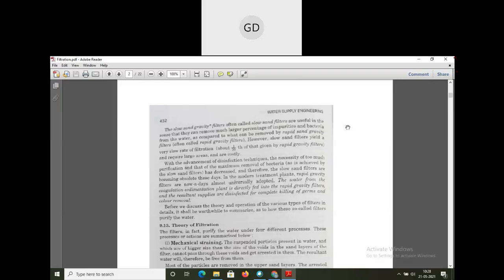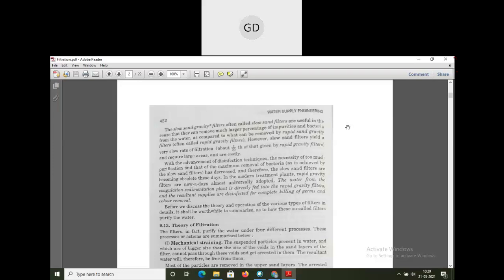But these slow sand filters have become obsolete nowadays.